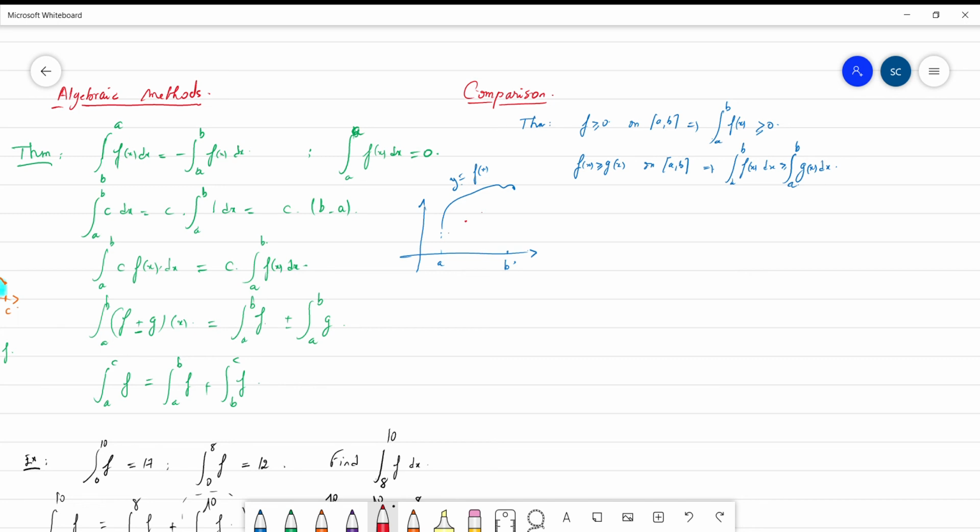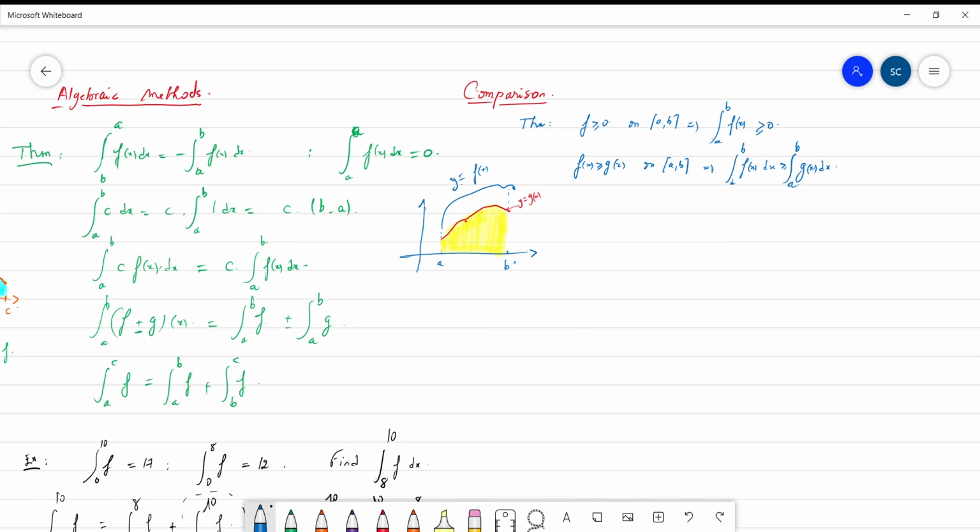So I might have something like that. This is my function g, y equals g of x. It is clear that the area under g is smaller than the area under f. So we have more extra. This is what it says here.